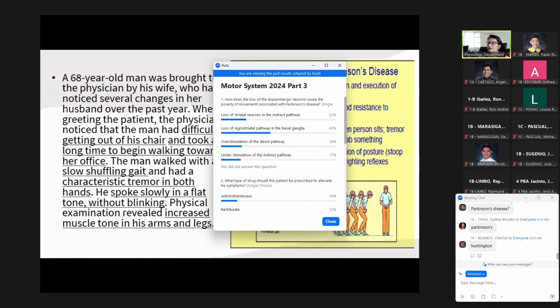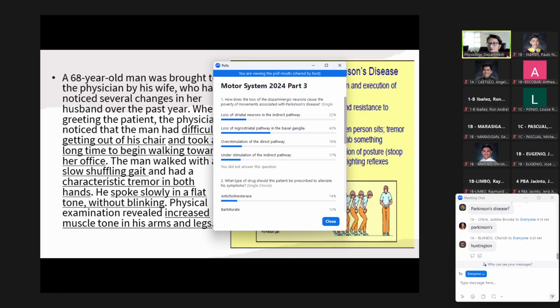Okay, and then the second, mamaya na 'to nasa slide. Yung second, what type of drug should this patient be prescribed to alleviate this symptom? Sorry, this refers to question number 1. Ayoko nang ulitin kasi. So, question number 1, dopaminergic, loss of dopaminergic neurons.